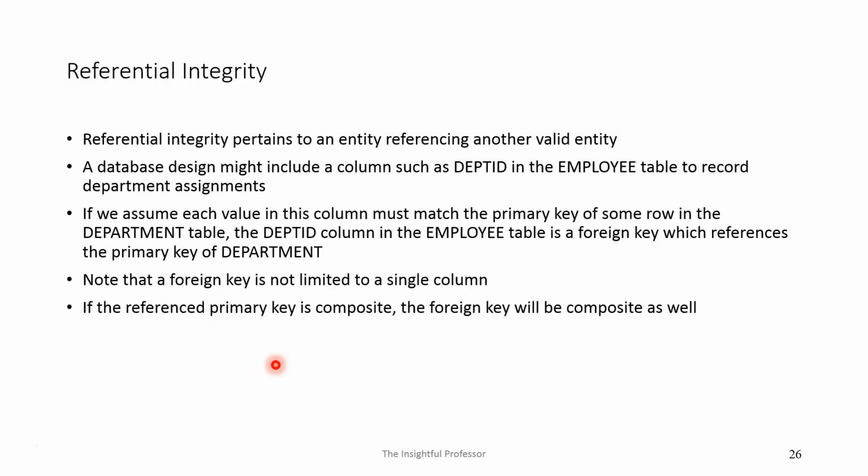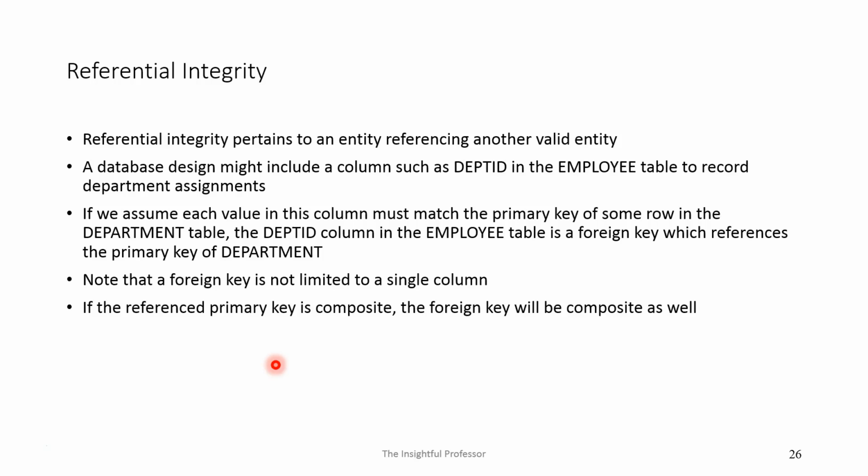Okay, now referential integrity. What is referential integrity? Well, when you talk about entities in the real world, such as employees or departments, you'll come to recognize as you understand that application domain that different entity types participate in a relationship or an association.